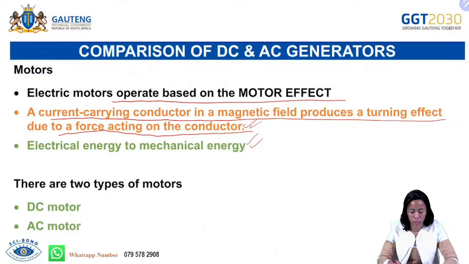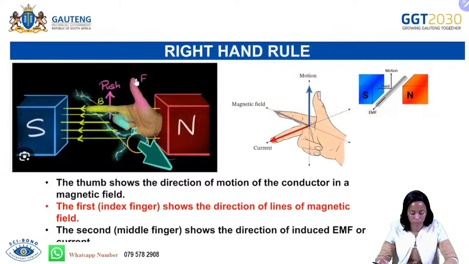What we need to know about motors is that they convert electrical energy to mechanical energy, as compared to generators that convert mechanical energy to electrical energy. With motors, we have two types: a DC motor as well as an AC motor.